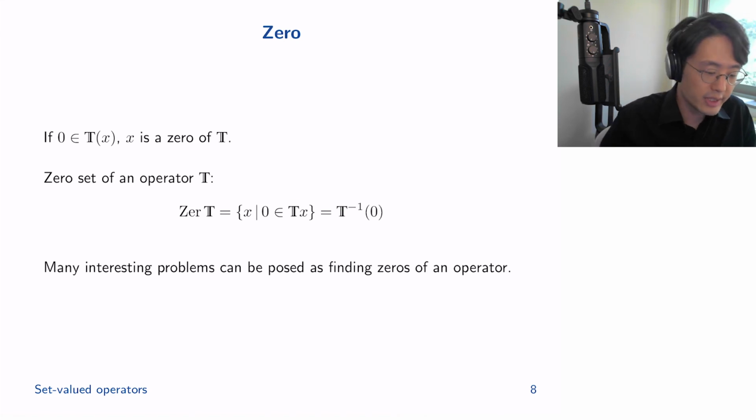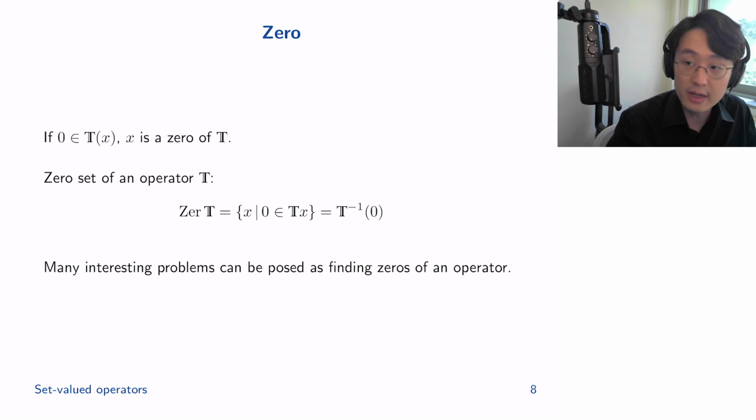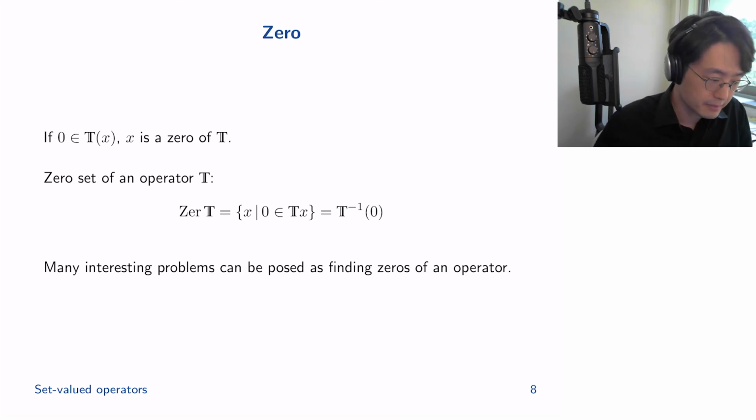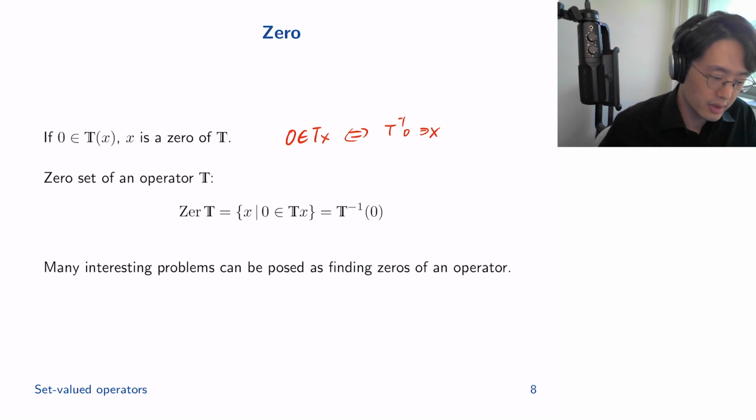Another way to express this set is via the inverse. We write T inverse with the input 0, and that is equal to the zero set of T, because 0 is in Tx if and only if T inverse 0 contains x.